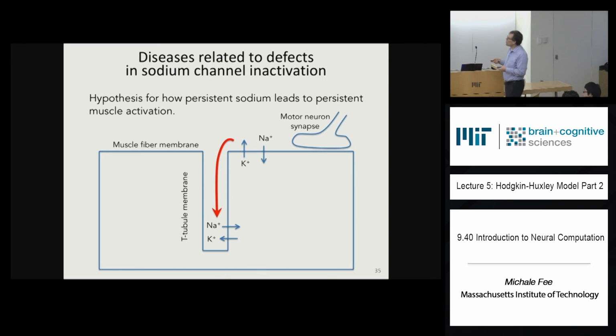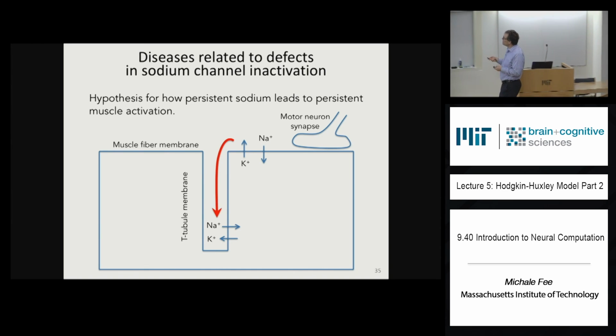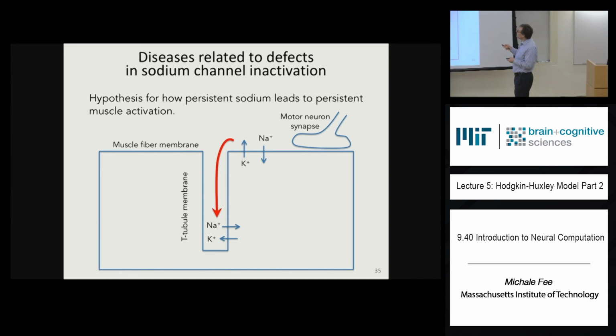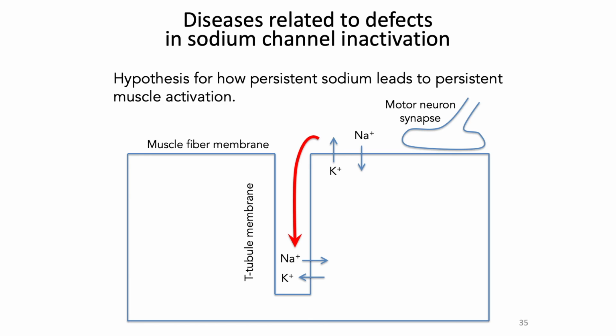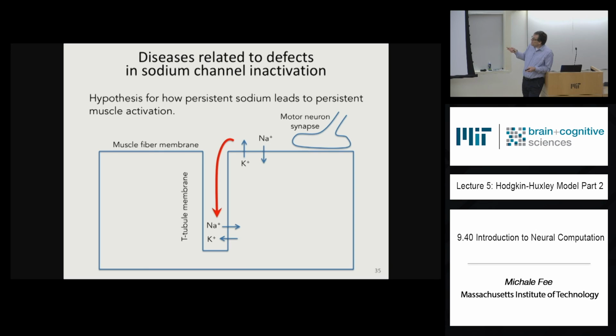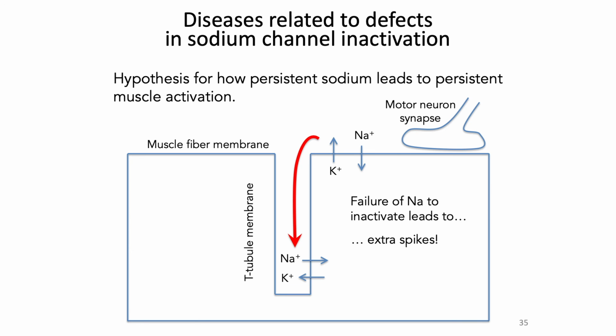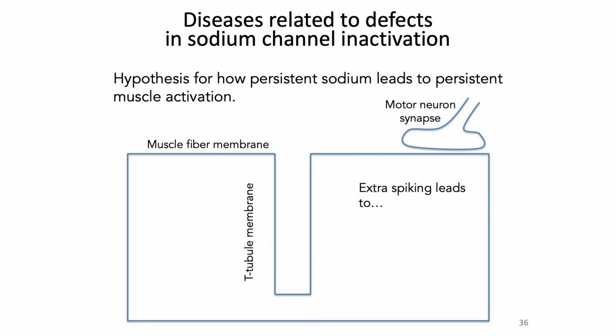Now, what happens when we have a sodium channel that isn't inactivating? What happens is you're going to get a lot more spikes, because this sodium current turns on, but now it's not properly inactivating. So you're going to get extra spikes, and extra spikes means you're going to have a lot more potassium going into the T-tubule, right?